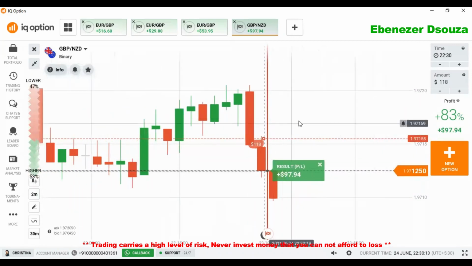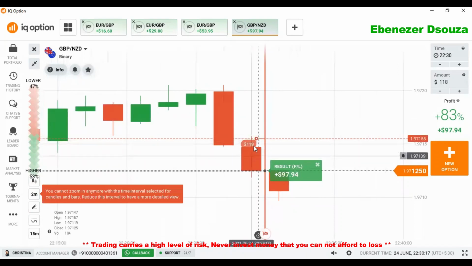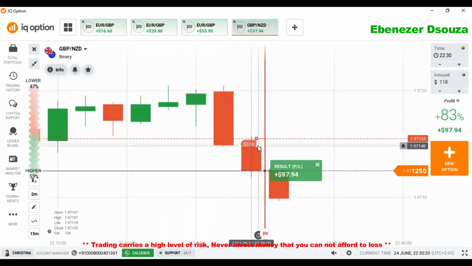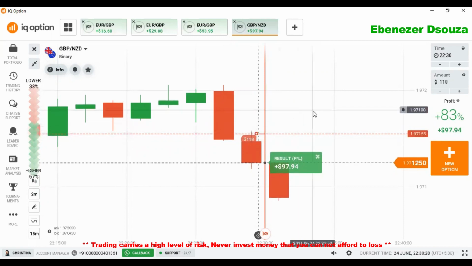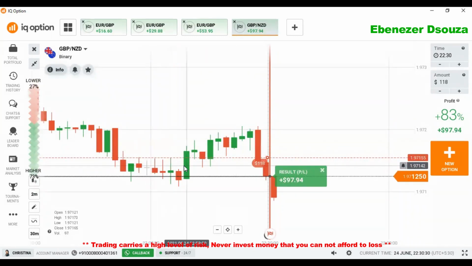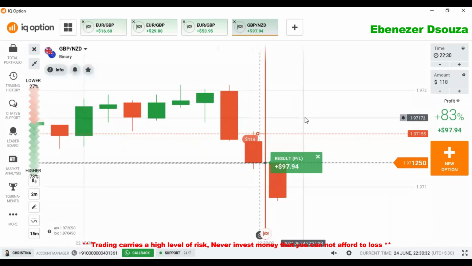That's why I placed here a lower option trade. And in this candle, if I observe, there are not enough buyers to make this candle a strong body, and I saw an upper rejection from this rejection zone. That's why I placed here a lower option trade.